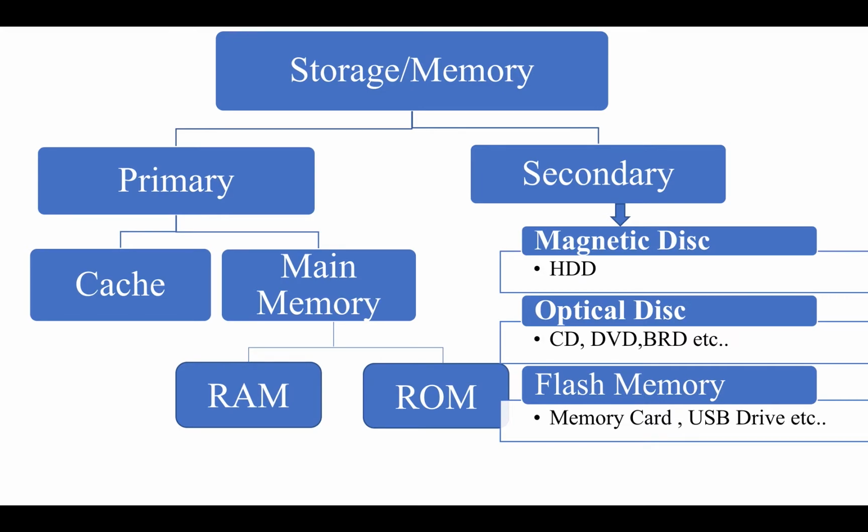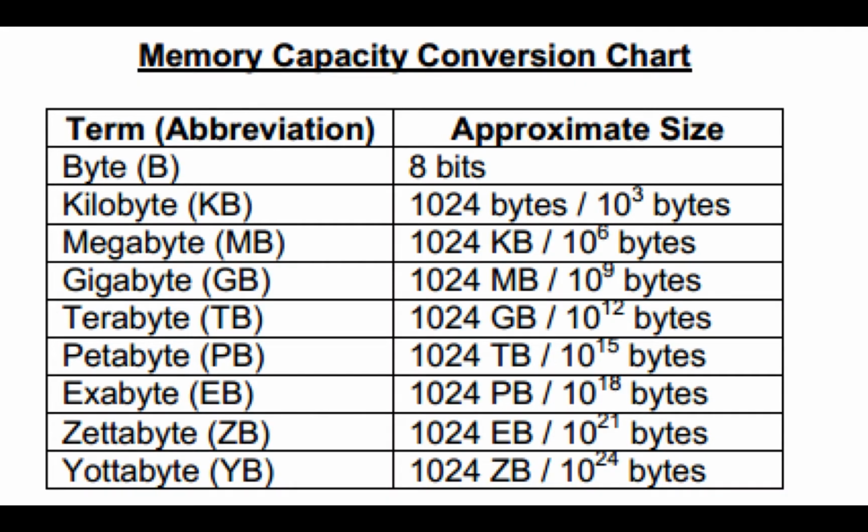Now the next type is CD, that is compact disc. But before going towards that, I want to revise storage capacity as well. In the previous class you learned about this, but if anyone still has any confusion, now listen carefully. Students, this is the chart of memory capacity conversion. Storage or memory capacity measures how much data a computer system may contain.